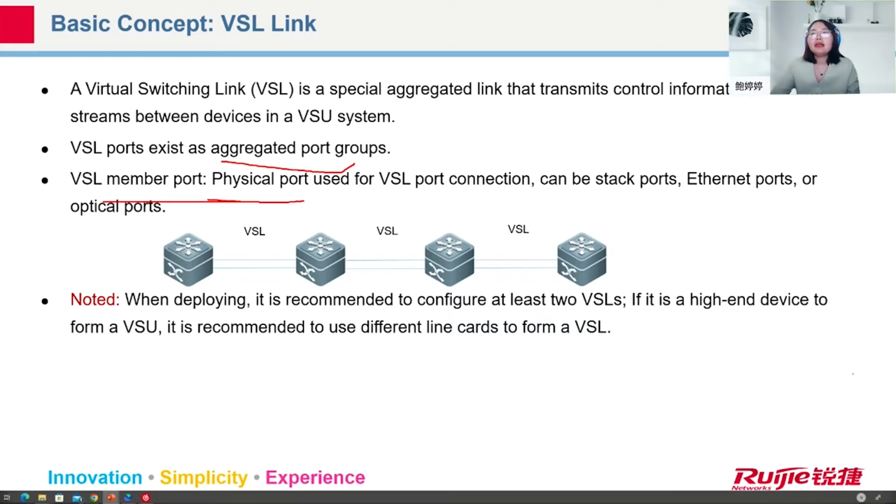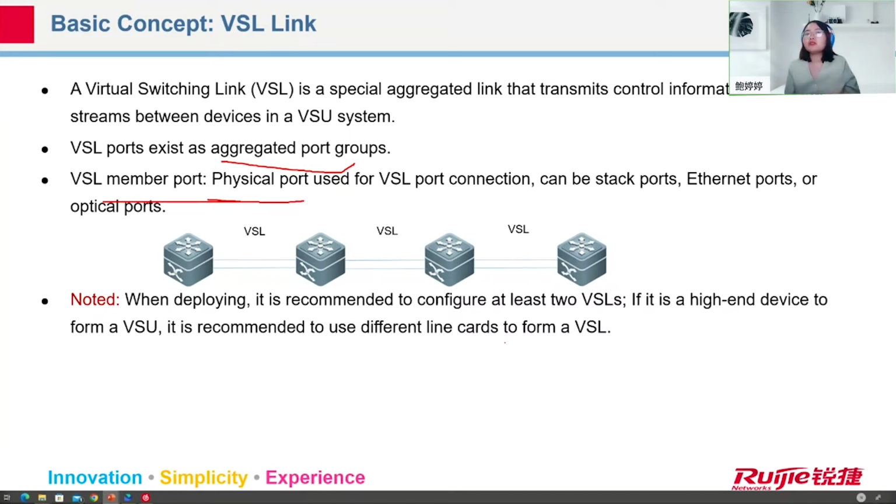Okay. And if high-end devices form the VSU, it is recommended to use different line cards to form a VSL. This is also a suggestion to provide higher reliability and availability for the VSL link. Maybe one slot is broken, and all the interfaces cannot work.